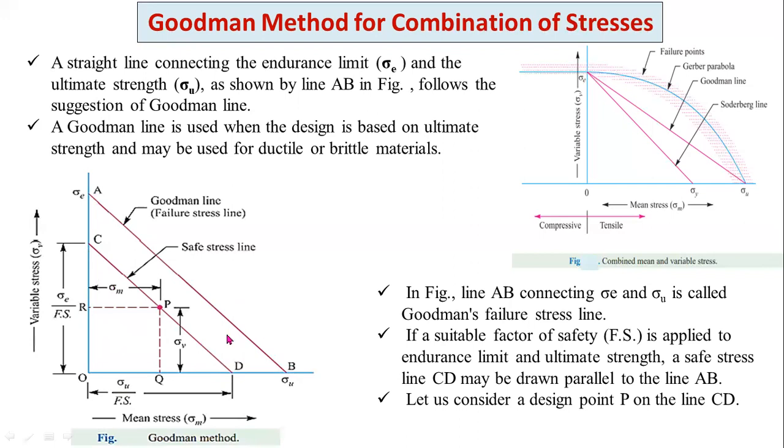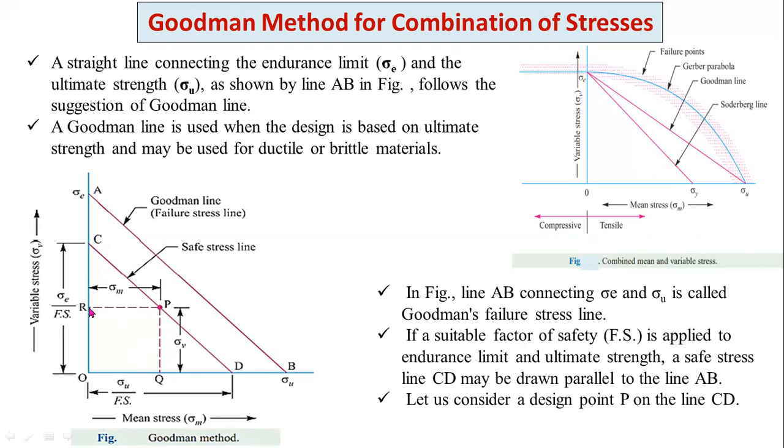Let's consider a design point. Here P is our design point on the line CD. By using this point I am going to derive an expression for Goodman. Here I am taking mean stress on the x-axis and variable stress on the y-axis.